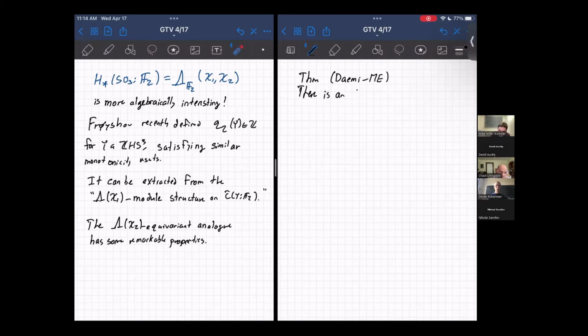First off, it extends from integer homology spheres to F2 homology spheres as an F2 homology cobordism invariant.